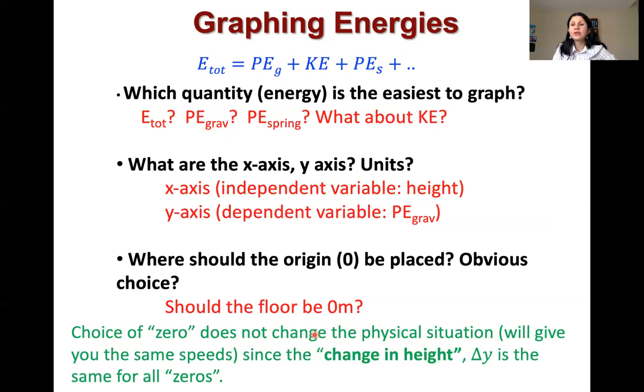So if, for example, you're trying to calculate how fast a bowling ball will be at some location, of course, that shouldn't depend on what you happen to define as 0. You should still get the same speed. And why would you still get the same speed? Because the speed at a given location depends on how much the height changes from one point to the other.